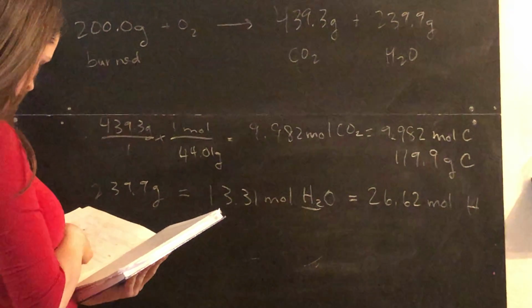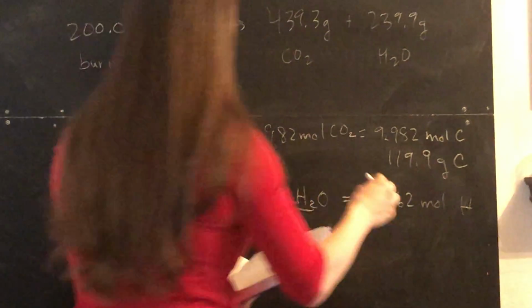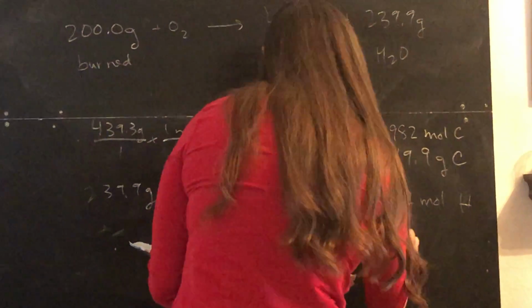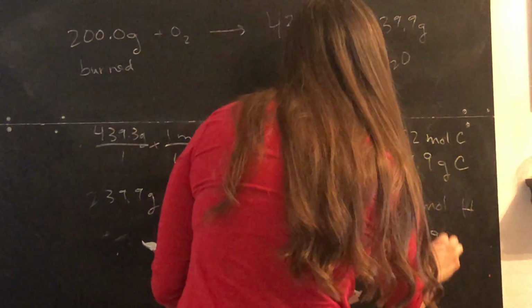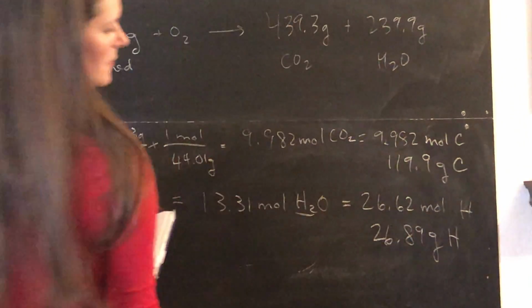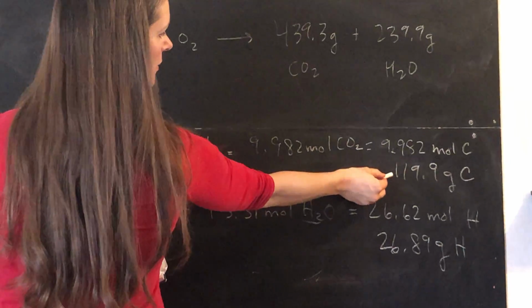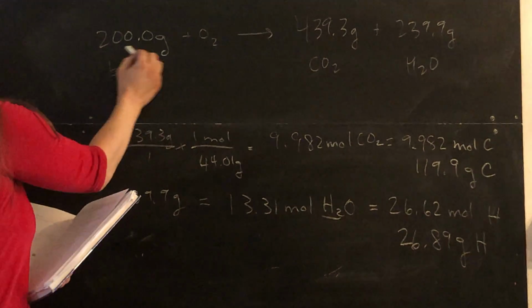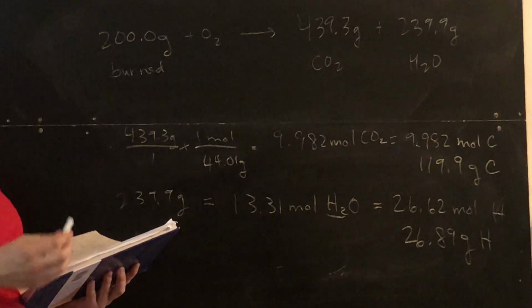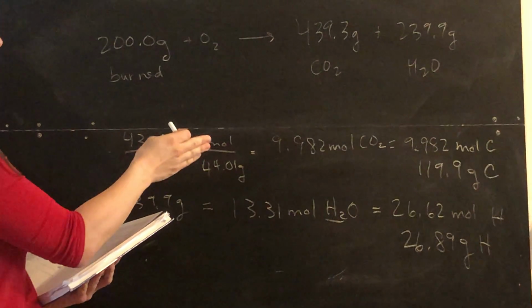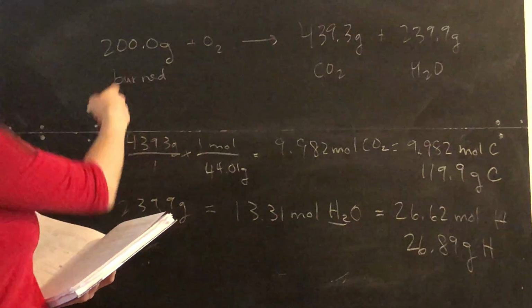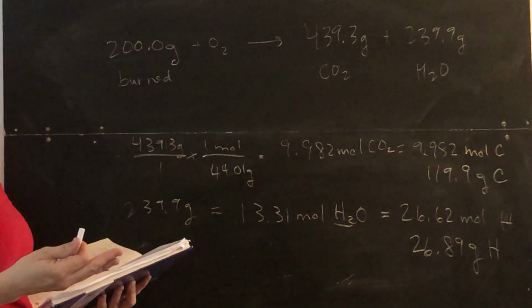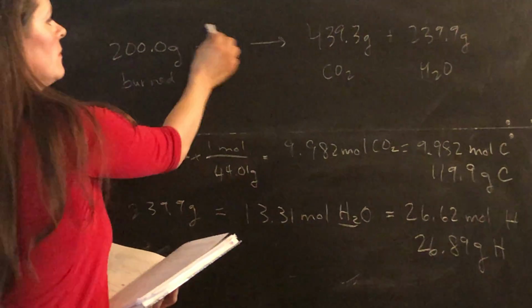Same with the hydrogen, 26.89 grams of hydrogen. Okay, so we've got 119.9 plus 26.89, that doesn't add up to 200 grams. So whatever's left, when we add those two together and subtract from 200, is attributed to oxygen.